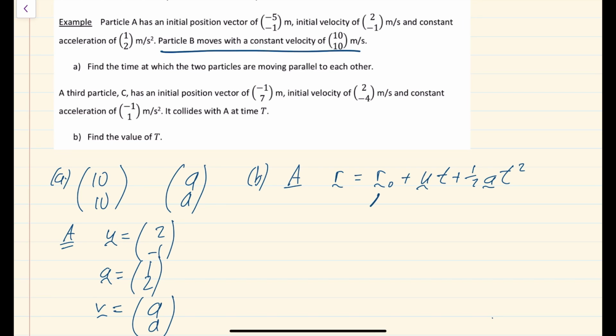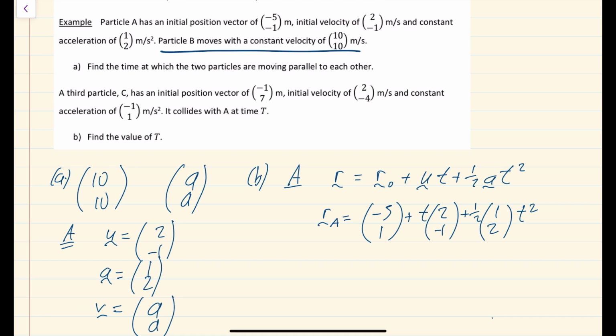So this is your initial displacement plus what you have moved in that time. So we're going to fill that in. So for r subscript A, the initial position vector of A was (-5, 1). It moves with an initial velocity, t times (2, -1), and then a half times my a, which is (1, 2), times my t squared.